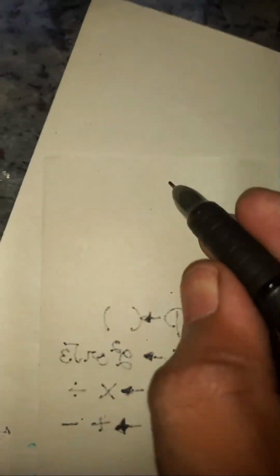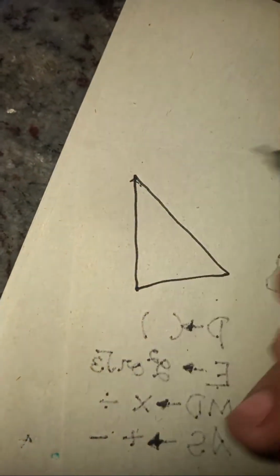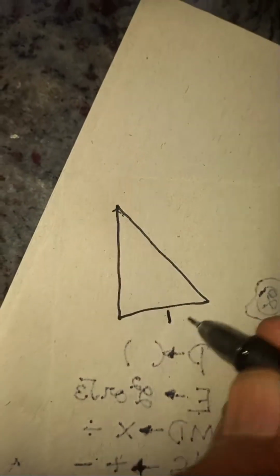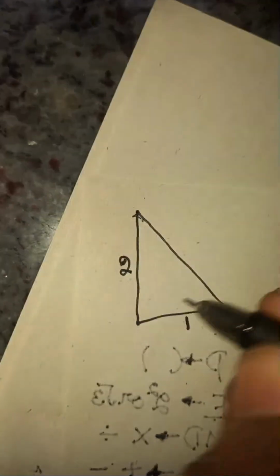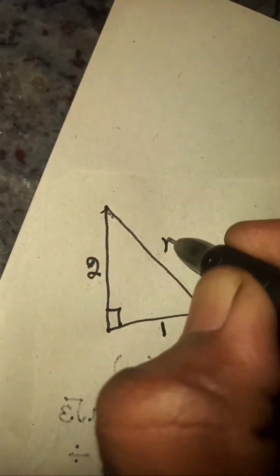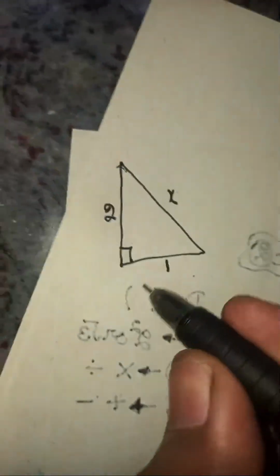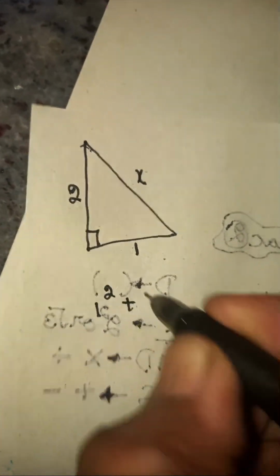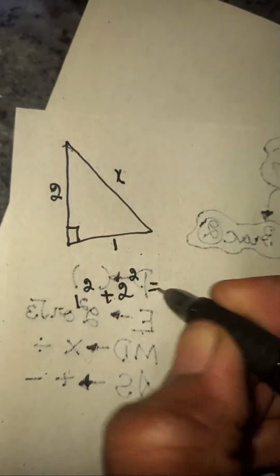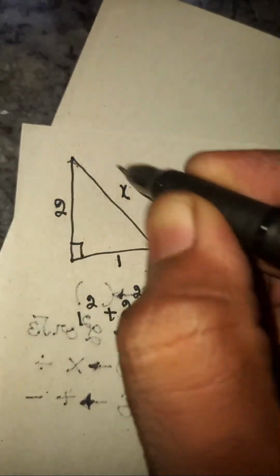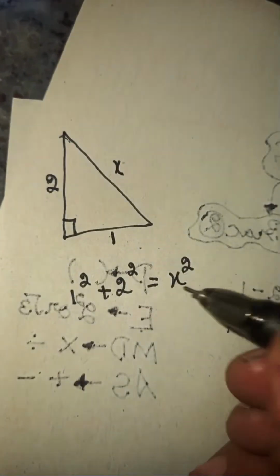Here in this triangle, you can find that this side length is 1 unit, this side length is 2 units, and this is known as x. We don't know the hypotenuse value. So the sum of these two sides squared, 1 square plus 2 square, is going to be equal to this x square, that is hypotenuse square.